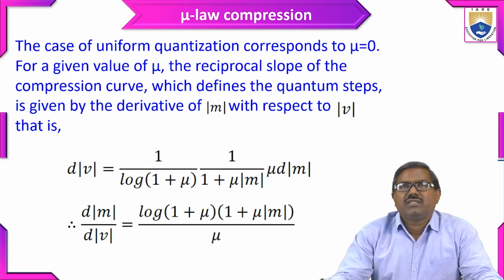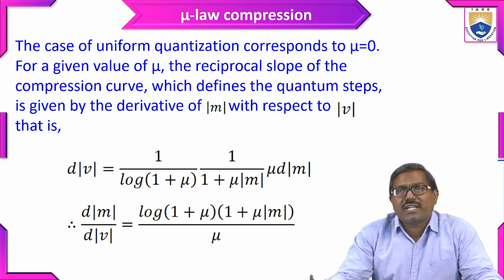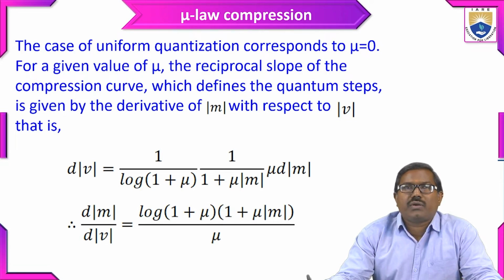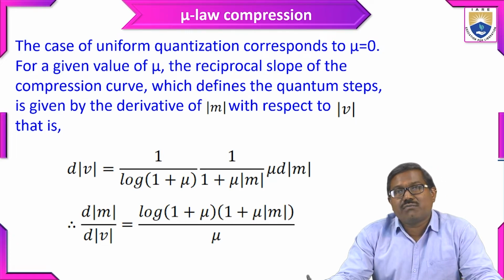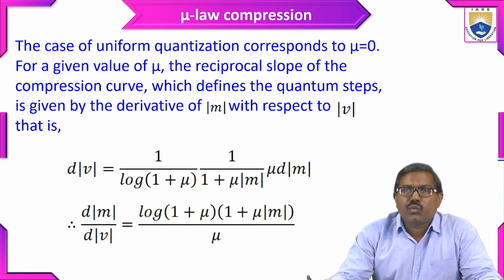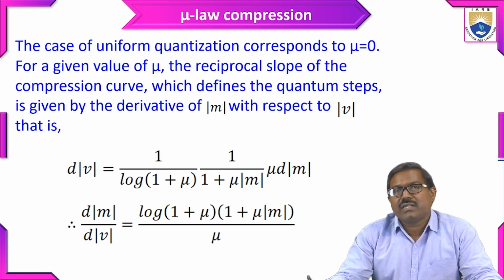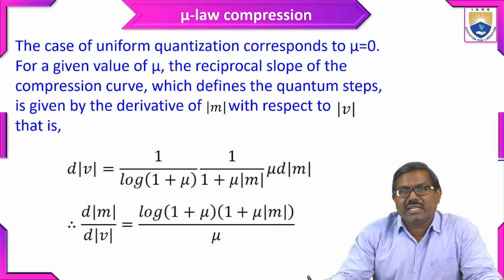In the case of uniform quantization, mu corresponds to 0. For a given value of mu, the reciprocal slope of the compression curve which defines the quantum steps is given by the derivative of mod m with respect to mod v, that is dv, the derivative of mod v, which is equal to 1 by log of 1 plus mu into 1 by 1 plus mu mod m into mu derivative of mod m.